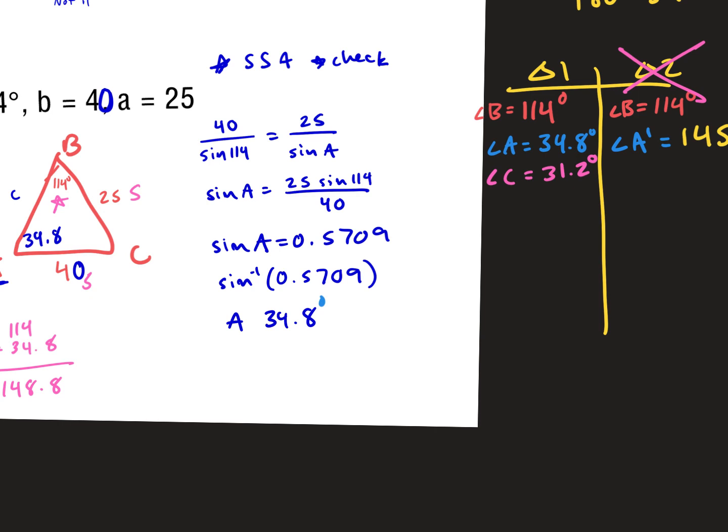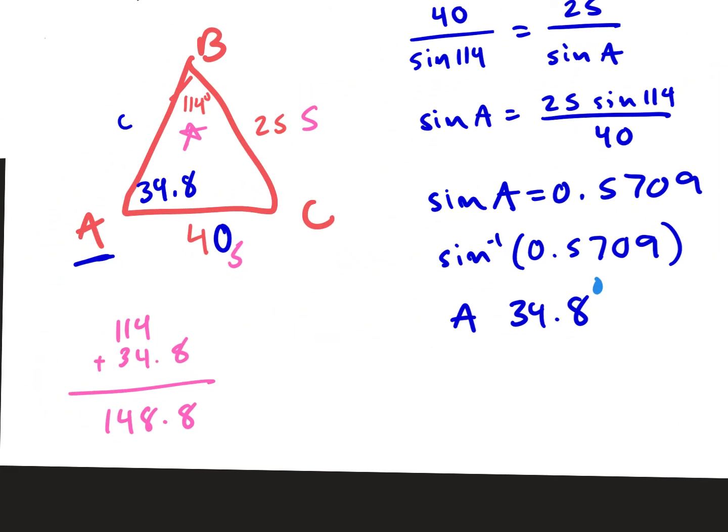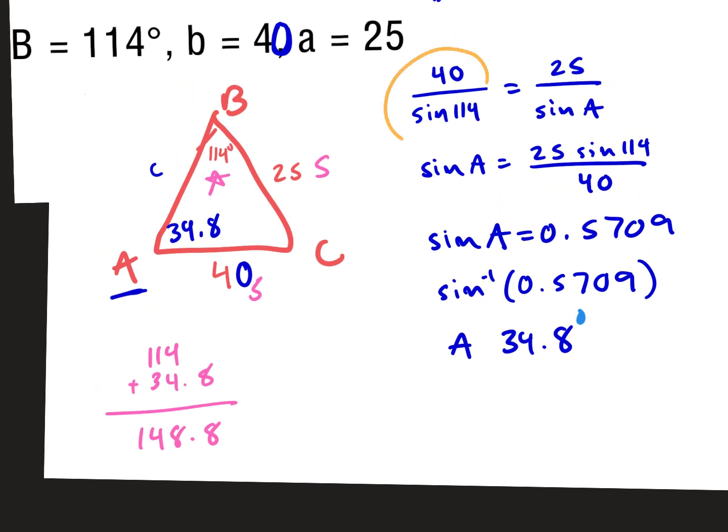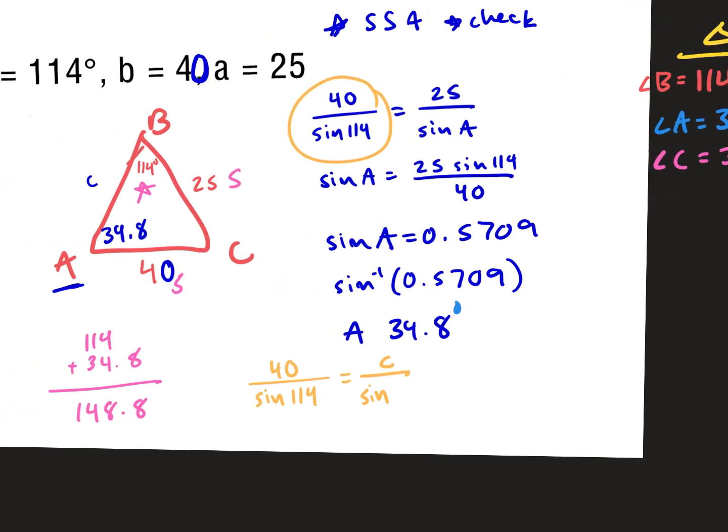And then last thing I have to do is find side C. So what can I do to find side C? Set up a proportion. So I'm going to use the same thing that I started with, 40 over sine of 114. And then that's equal to, I'm trying to find side C over sine of angle C, which was not that one, it was 31.2.